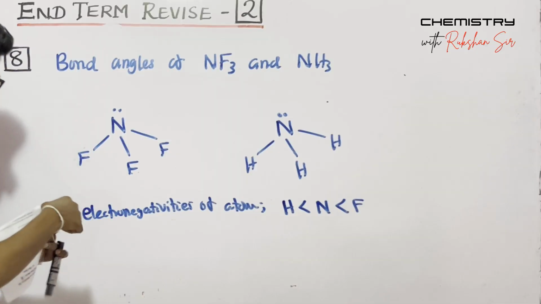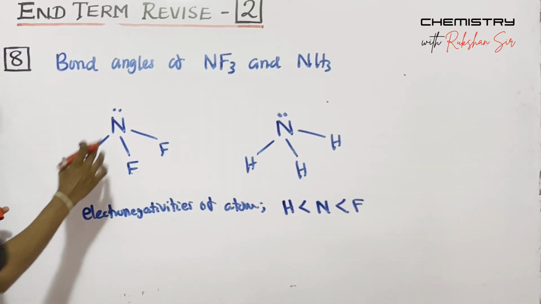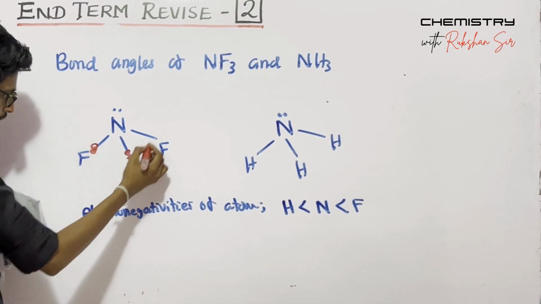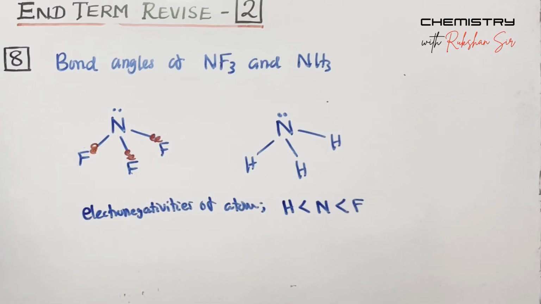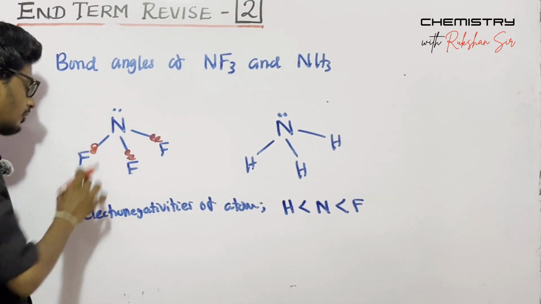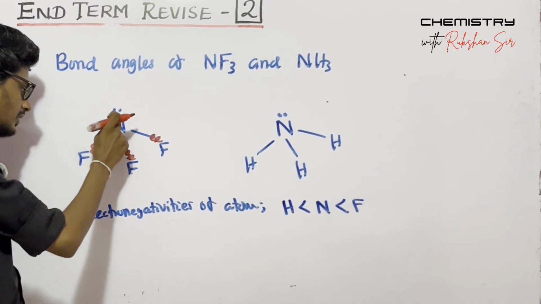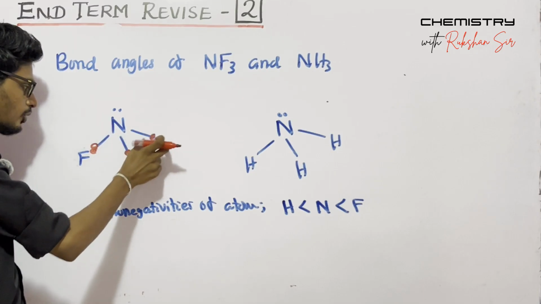So what will happen? As fluorine has a greater affinity than nitrogen, the two electrons are more closer to the fluorine. The bond is polar, so those electrons reside more closer to fluorine.